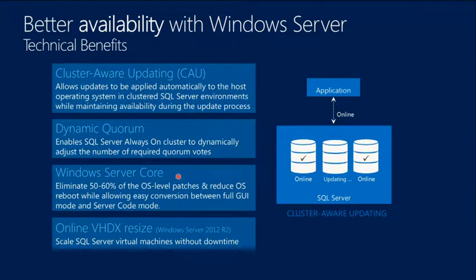So that keeps the functionality, SQL Server will be happily running, but reduces the amount of surface for attacks, and reduces the amount of patches needed for Windows Server, right? There's a number here, about 50-60% less. So definitely it increases the availability of your SQL Server running here, right? So these few tricks that I mentioned can increase the availability of SQL Server, right?